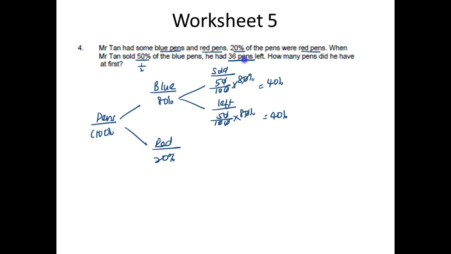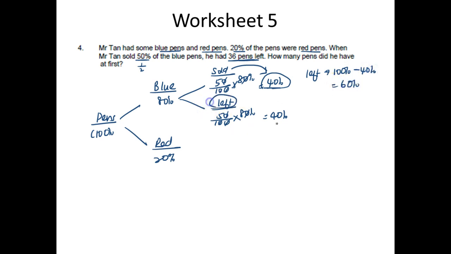He had 36 pens left, so he sold 40%. 40% sold. So left would be 100% minus 40%, which is 60%.